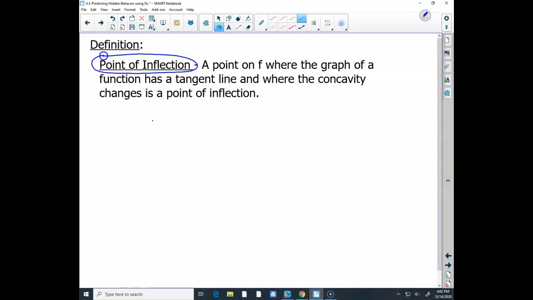But to find points of inflection, we're going to do that using the second derivative test, by taking f double prime when it equals 0 and when f double prime does not exist.